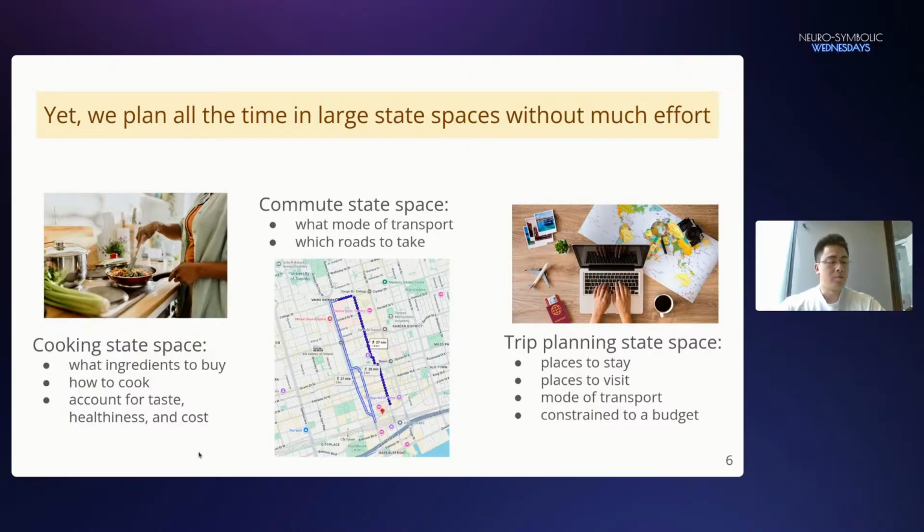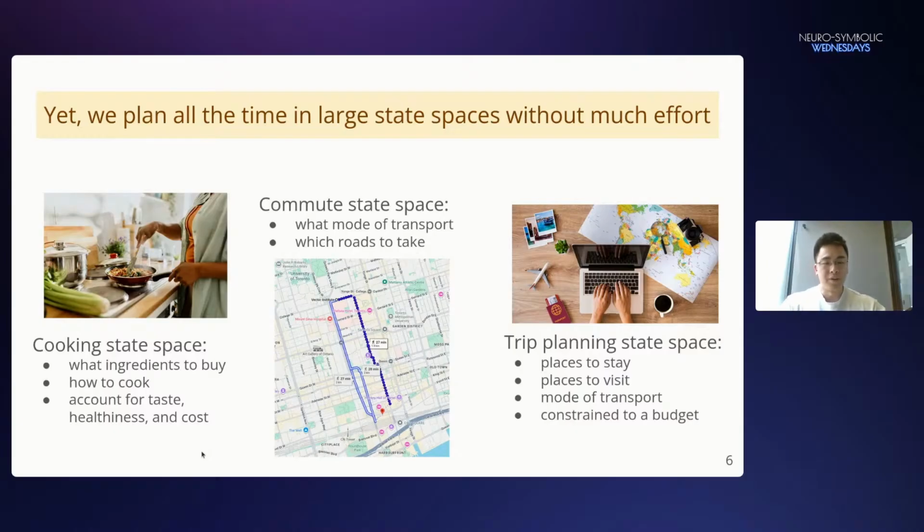But putting all these formal definitions aside, we as humans can generally plan all the time in very, very large state spaces without much effort. For example, with cooking, the goal is that you want to be full, and you may want to optimize for different metrics such as taste, healthiness, and cost. Yet generally, we don't spend much time when we're cooking.